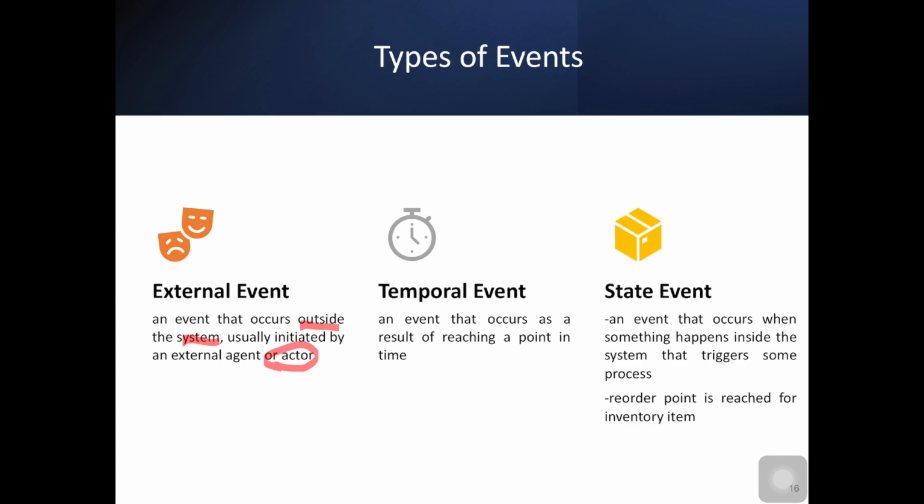Let's say a student makes a course registration, so that is an external event. Why? Because the student needs to do it on their own. The system will not automate your course registration. So there is an external agent or actor that initiates that event.